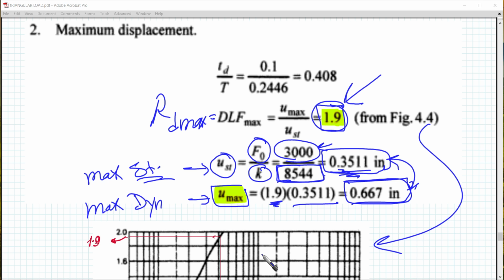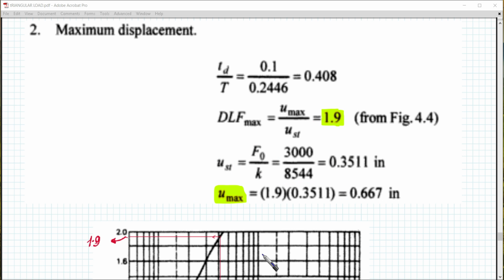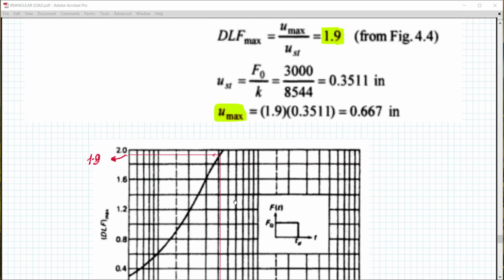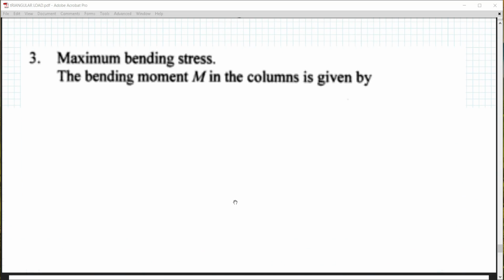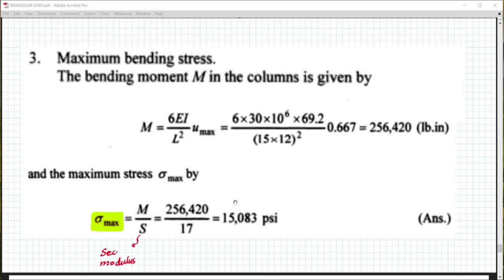Now let's go to the last part, which is after obtaining this U max, we are going to obtain the maximum moment. Now this is the last slide, maybe. The maximum bending stress, the bending moment M in the columns, is given by 6EI over L squared times U maximum.